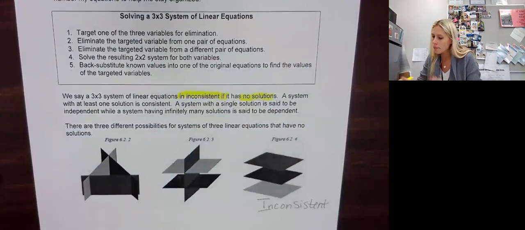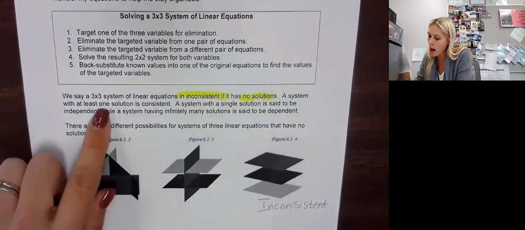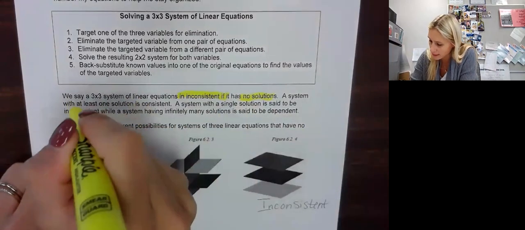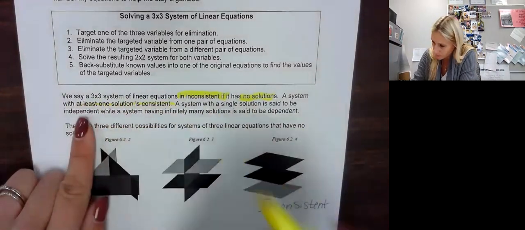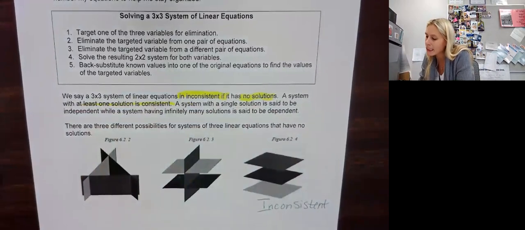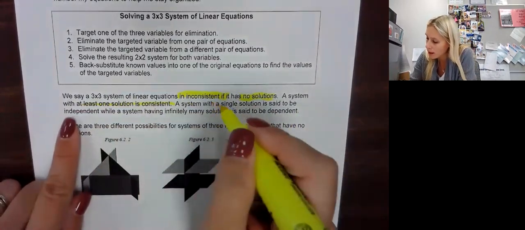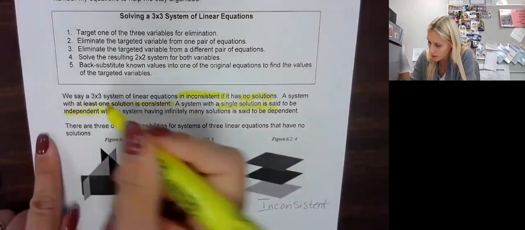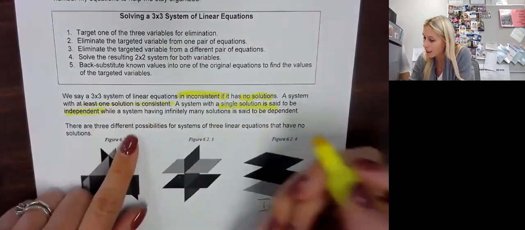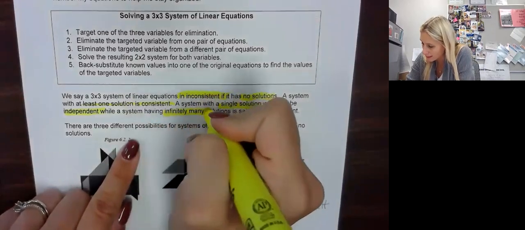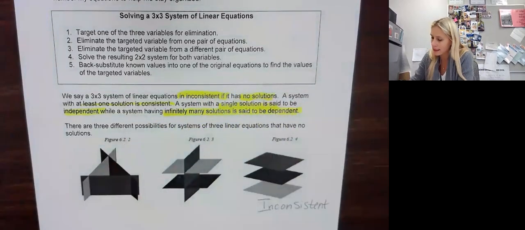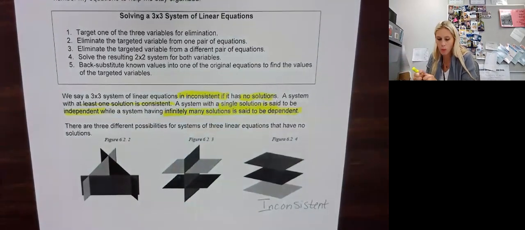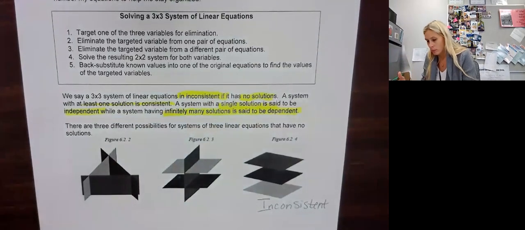A system with at least one solution is consistent. A system with a single solution is said to be independent, while infinitely many would be consistent, but dependent. Which one's which? We are going to actually look at these formattings as we go.